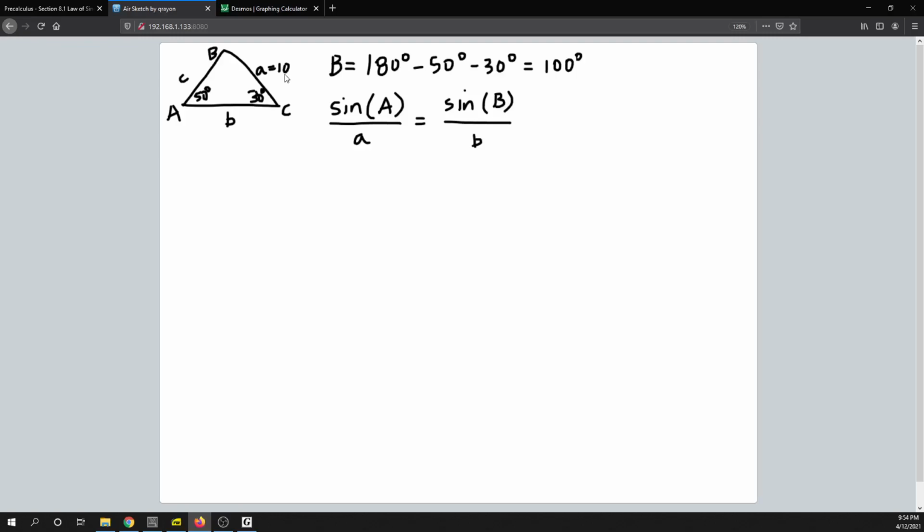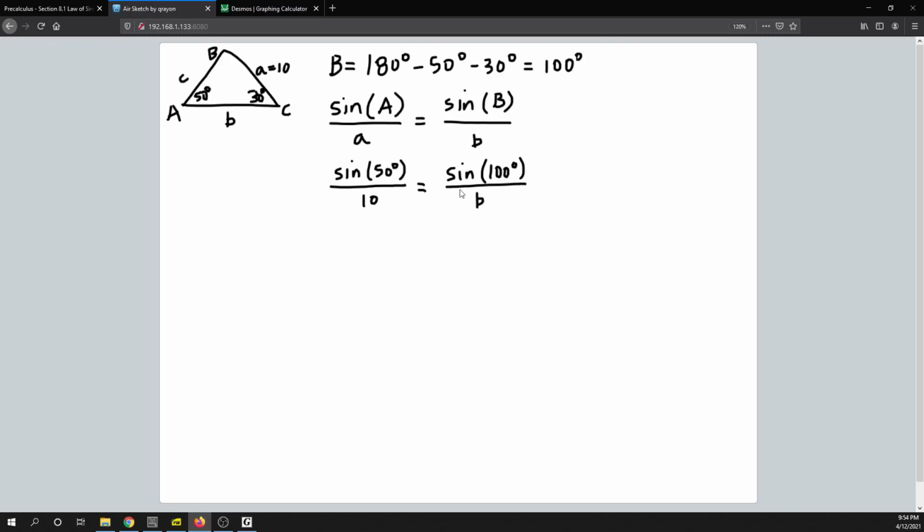All right, and so then I would fill in those values that I know. I know that angle A is 50 degrees, and side a is 10. Angle B I know is 100 degrees. And b is unknown here, side b.